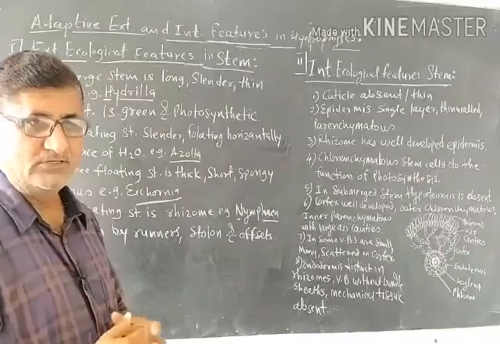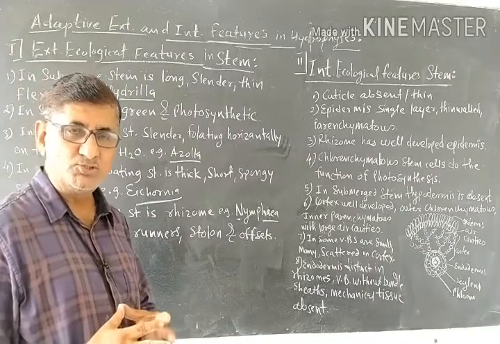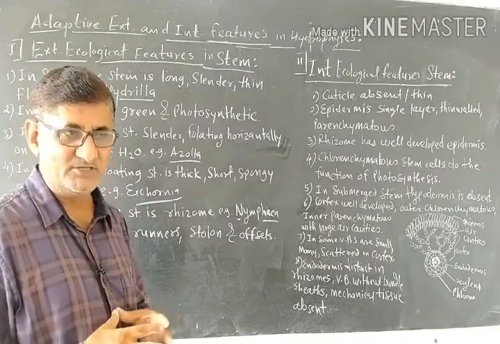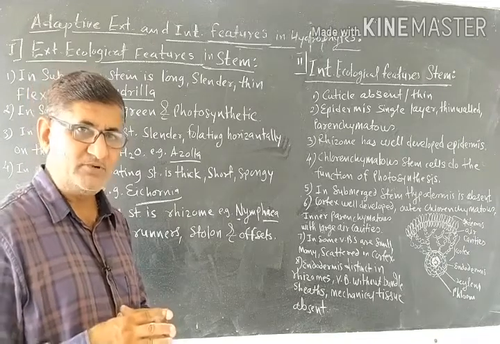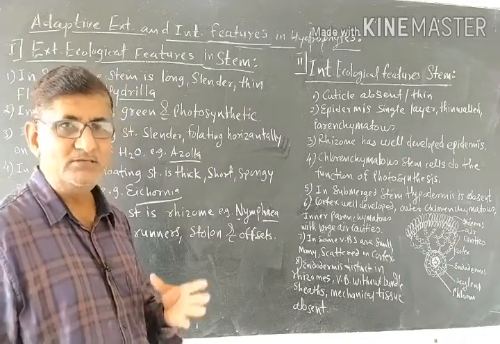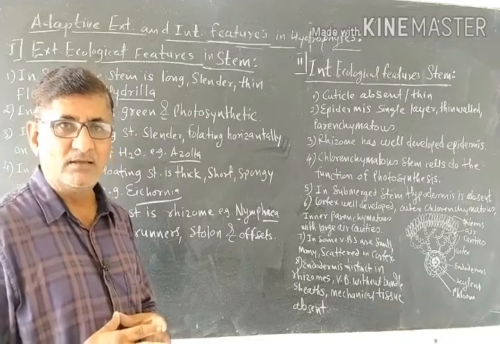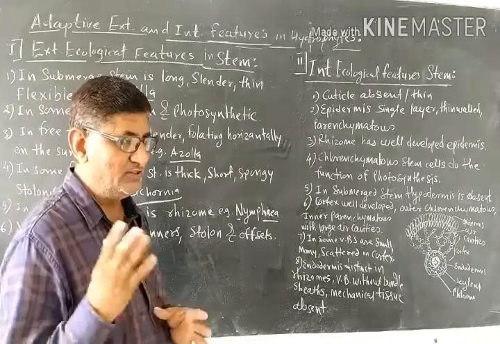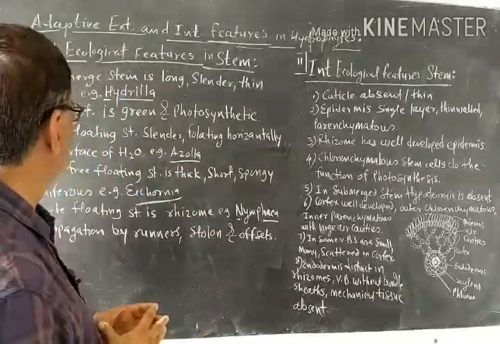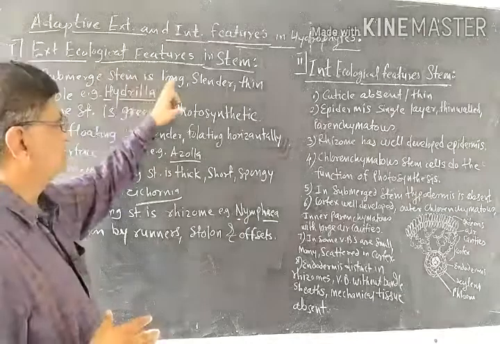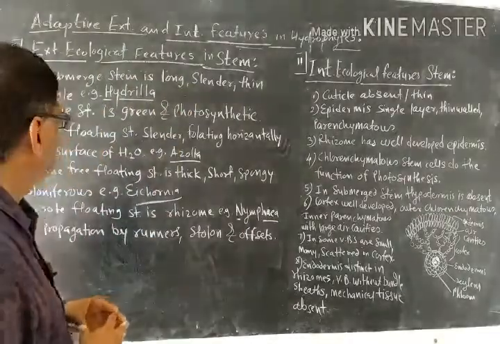Like the root, the stem of hydrophytes also shows some external and some internal adaptations, and these adaptations give the stem, as well as the particular hydrophyte, a survival benefit in particular environmental conditions. Now we will see the external adaptive features in the stem of hydrophytes.